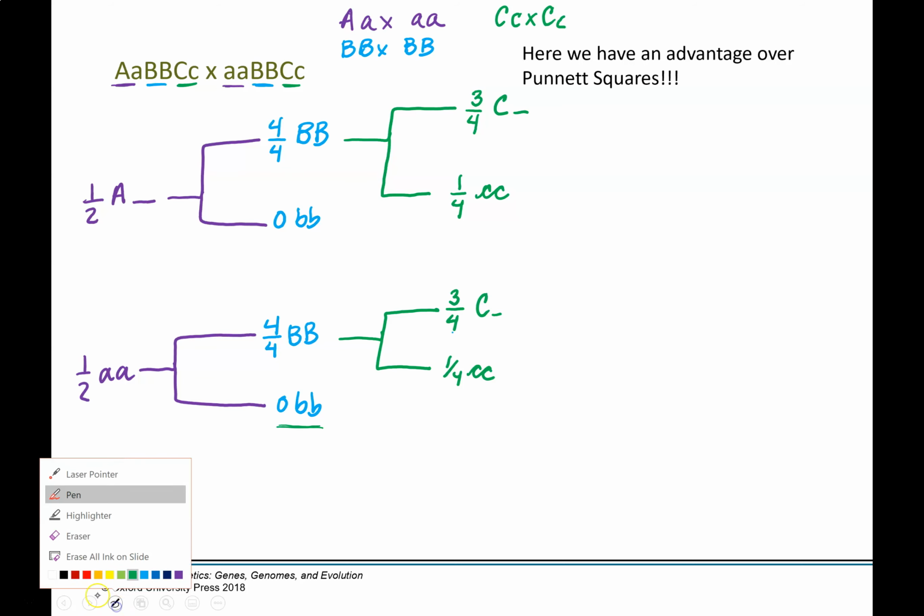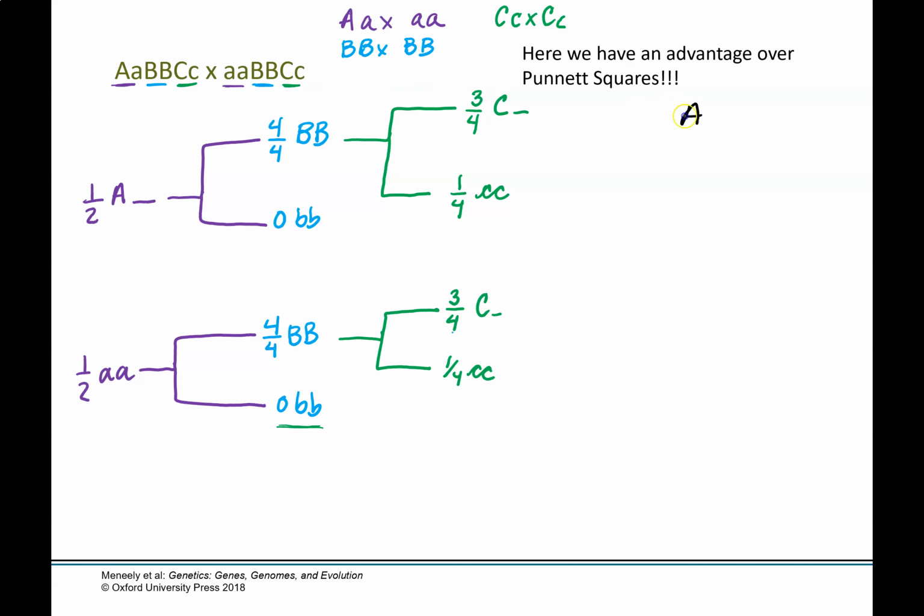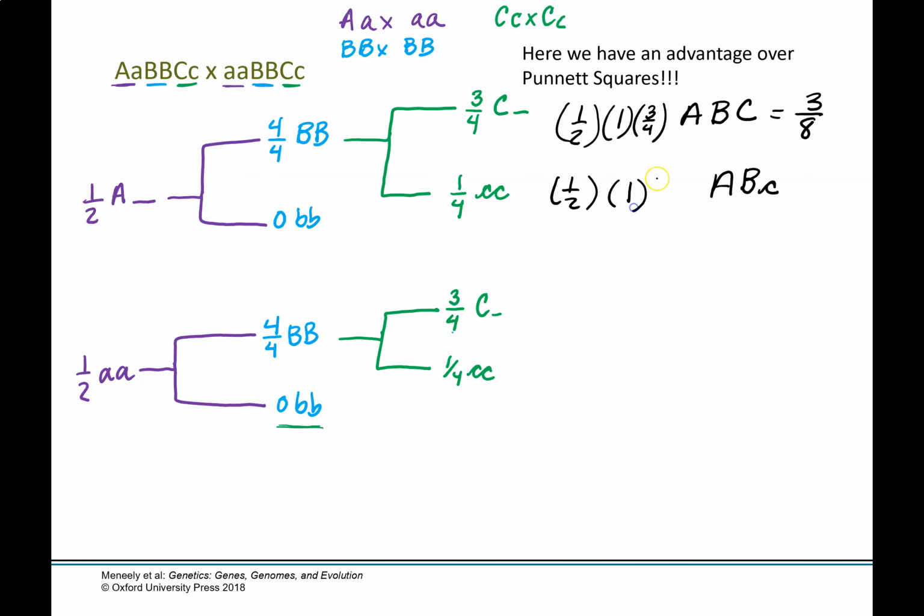So let's calculate out our possibilities. So the chance of being big A, big B, big C phenotype is going to be 1/2 times 1 times 3/4, which is going to be 3/8. The chance of being big A, big B, little c is 1/2 times 1 times 1/4, which is 1/8.